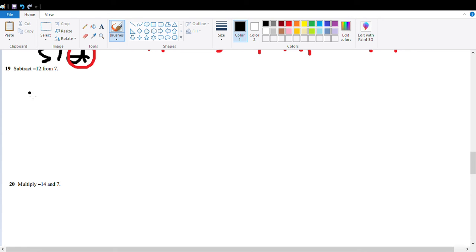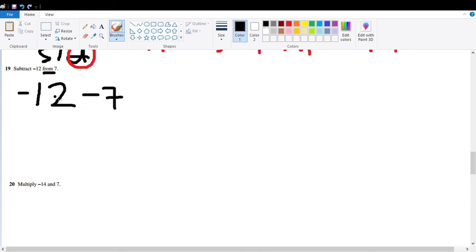The most common mistake people make in this problem is they simply copy the order: negative 12 minus 7. But you're going to get it wrong because read the problem. We have this special word, from. So we're subtracting 12 from 7.